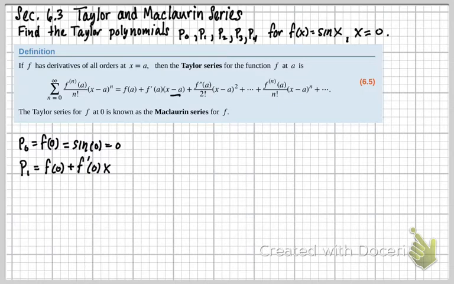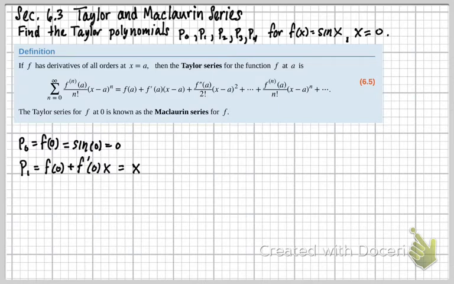Now generally I have the x minus a, but since our a is 0, we don't have to have the minus there. So that would be our P1. And when I simplify this, this would just be x.